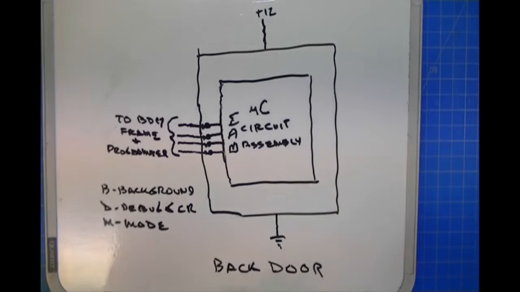But if you've got the background debugger capability, then you have the ability not only to read at high speed, you can program at high speed, and this is how the people that do the tuning do it. I guess you could do the tuning by sending commands over the CAN bus, but it would be very lengthy.